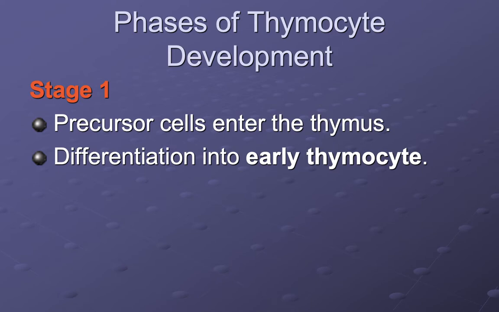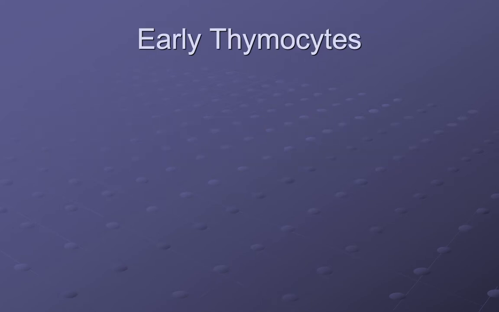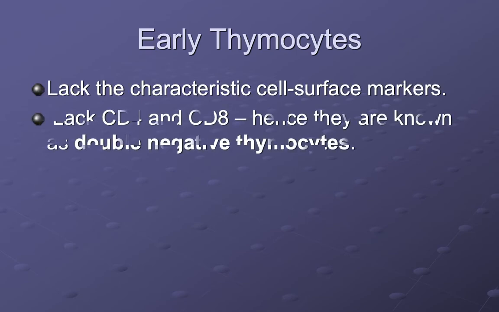These basic narratives. So in the initial stage of thymocyte development, we expect that the precursor cells from the bone marrow will enter the thymus, and they will differentiate into what we call an early thymocyte. Early thymocytes do not possess any cell surface marker. They're like a blank canvas.